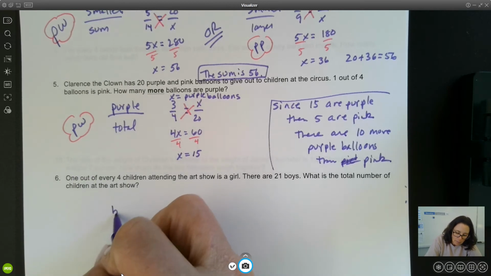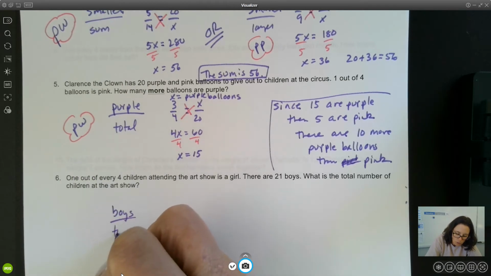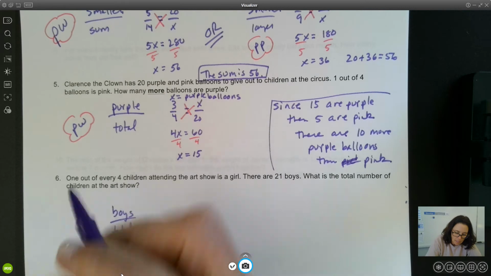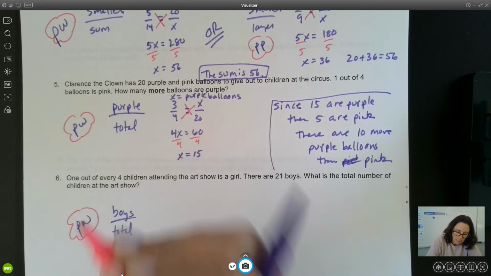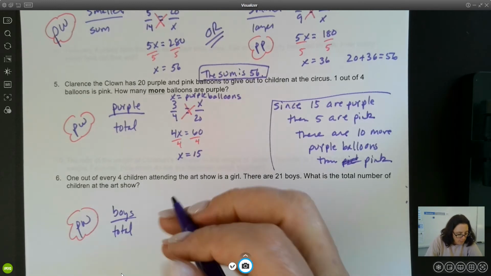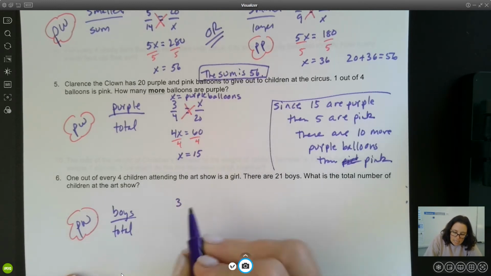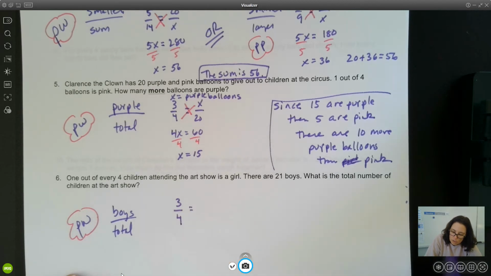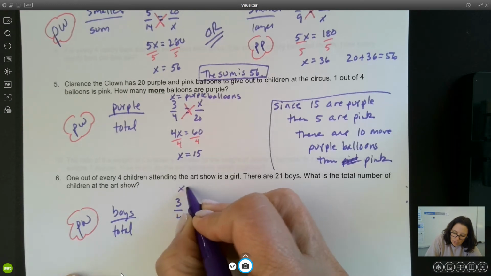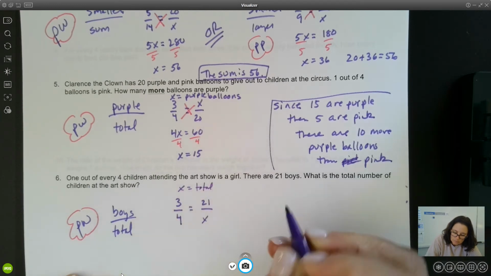Okay, so I think best would be boys over total. Again, this is a part to whole relationship we're looking at. So we've got 3 boys over 4 total equals 21 boys over X total. X is the total children.